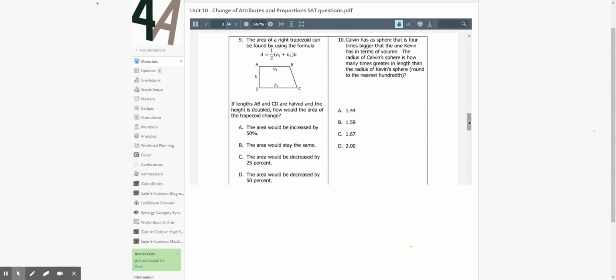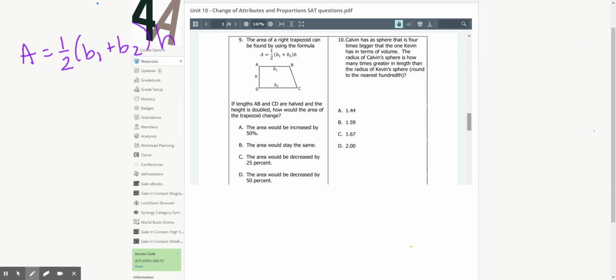If the lengths of A, B, and C, D are halved, and the height is doubled. Okay. So if we start with A equals 1/2 base 1 plus base 2 times h, let's see what happens when we do the new one.